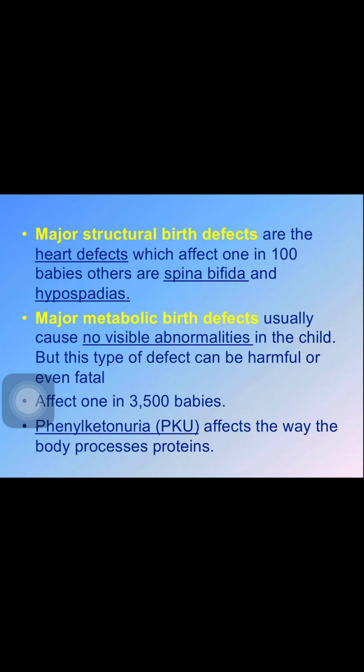Now, which are the major structural birth defects? Heart defects are very common. Defects of the spine, spina bifida, and defects of the opening of the external urethral meatus in males, instead of being present at the tip of the male organ or the penis.